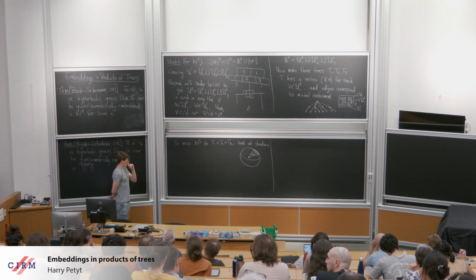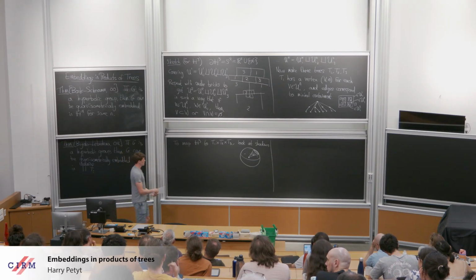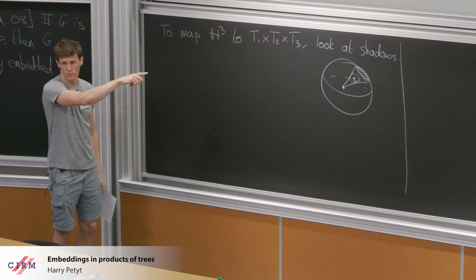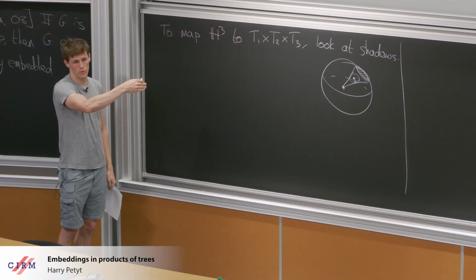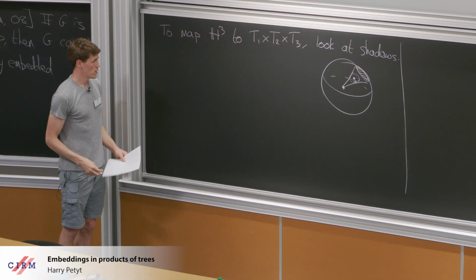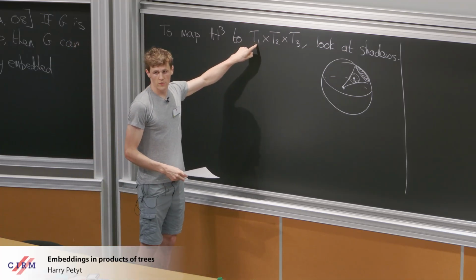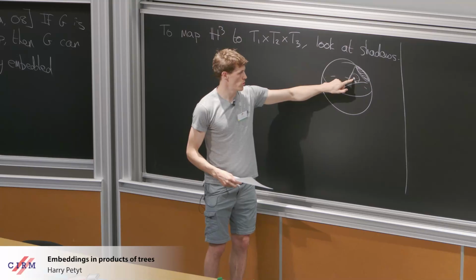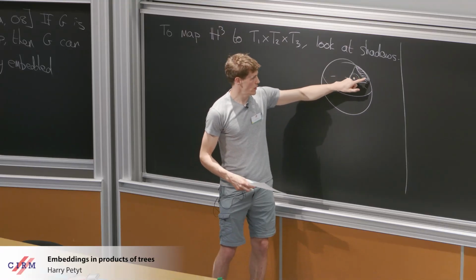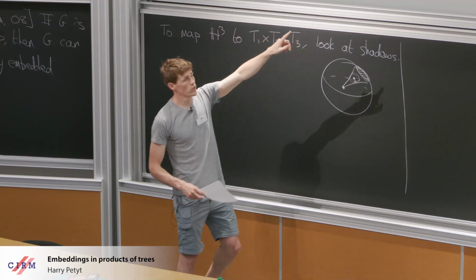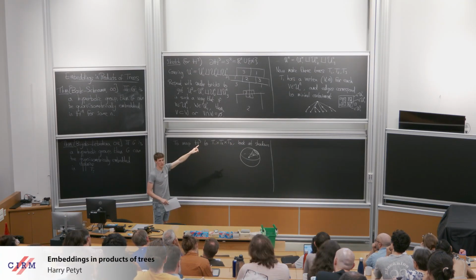So in order to map to T1, a map from H3 to T1 times T2 times T3 is made of 3 maps, 1 to T1, 1 to T2, 1 to T3. So I need to say which vertex of T1 this point here gets mapped to. Well, I look at the shadow, and I find the smallest one-colored set in the boundary that contains it.